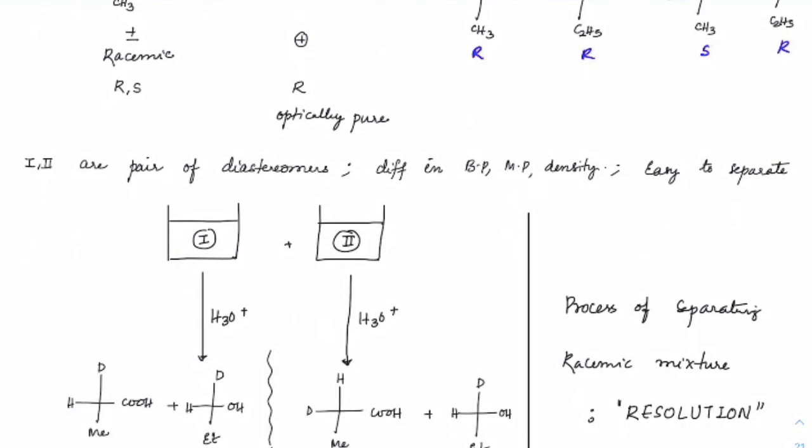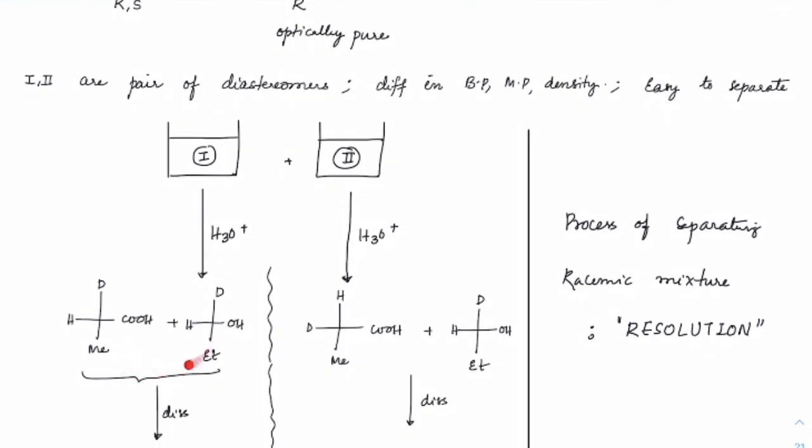This pair of diastereomers can be separated because they will have differences in melting point, boiling point, and density, so it is easy to separate by fractional distillation. Once you separate these two, hydrolyze them again, and you will get acids and alcohols back, and these will have separate boiling points.